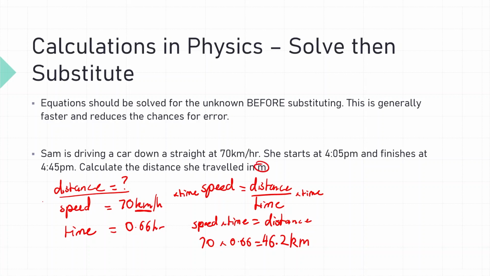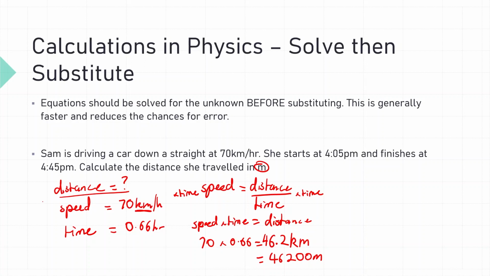Note, this is where I'm going to need to do the next conversion because we need to be giving a final answer in meters. To figure out what the answer is in meters, we just need to multiply that number by 1,000. Answer is 46,200 meters.